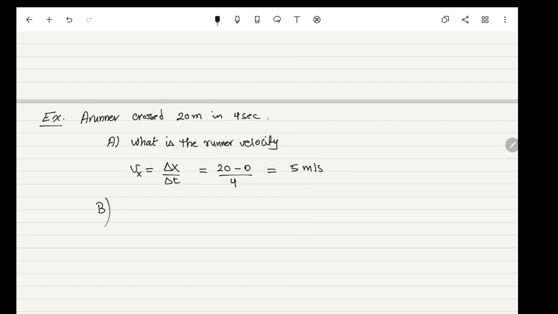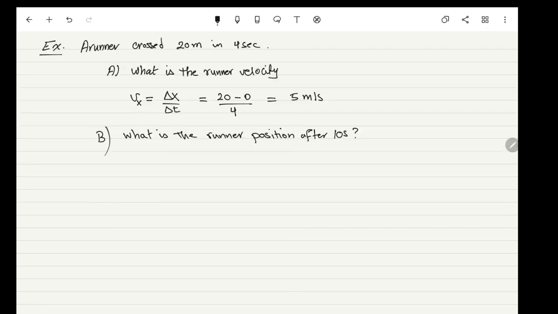If the runner continues his motion after the stopwatch is stopped, what is his position after 10 seconds? Now, the final position here equals the initial position plus v initial x t plus half a t square.